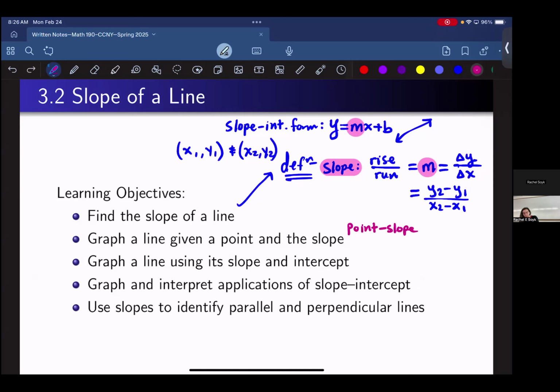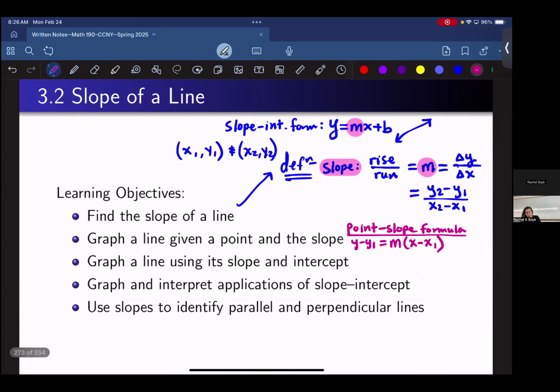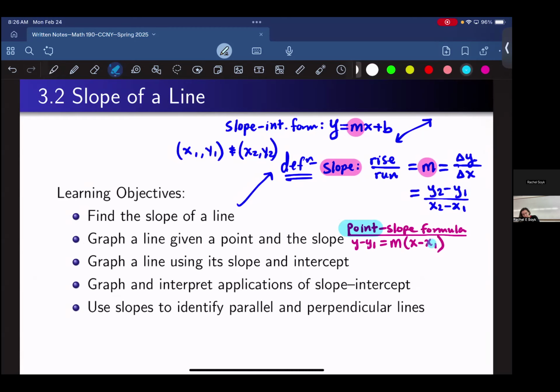So our point slope formula is simply y minus y1 is equal to m in parentheses x minus x1. And why is it called point slope? Well, we're given a point, our x1, y1, and then we're given our slope, our m.